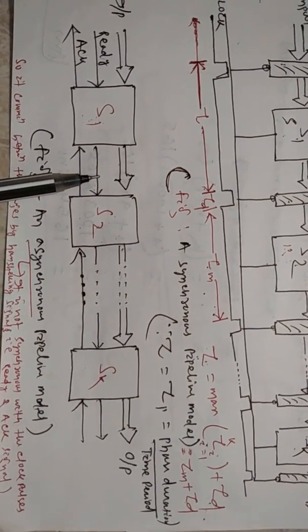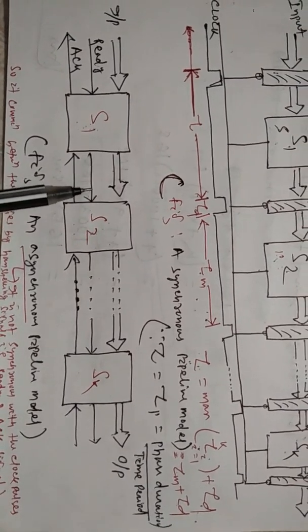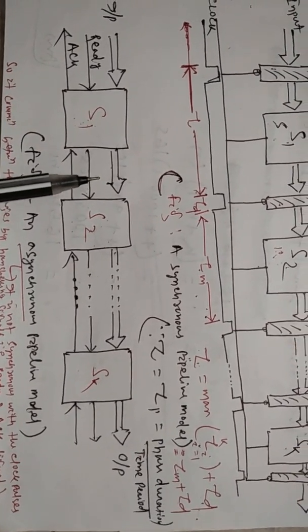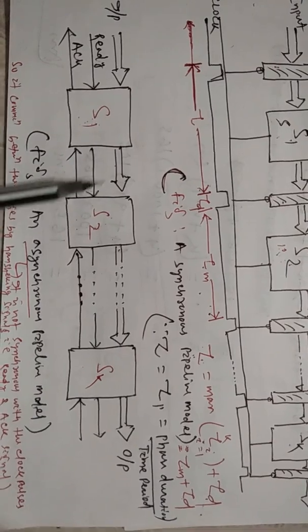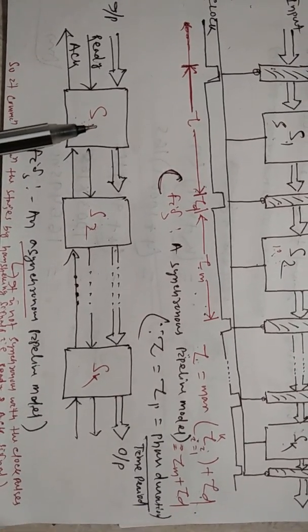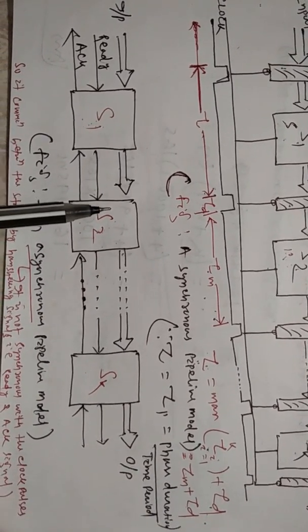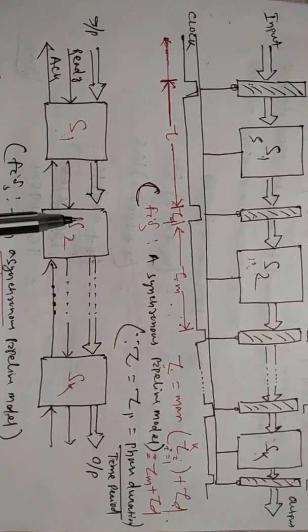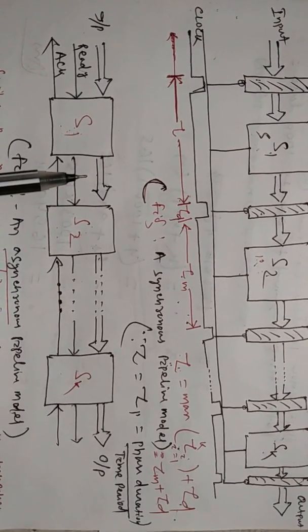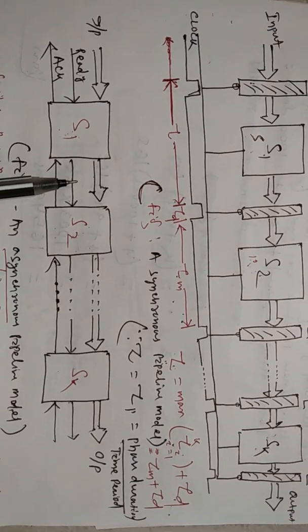This is called the asynchronous pipeline model. So what do you mean by the asynchronous pipeline model? It is a process through which different phases or stages communicate with each other without using latches or register interfaces between them.